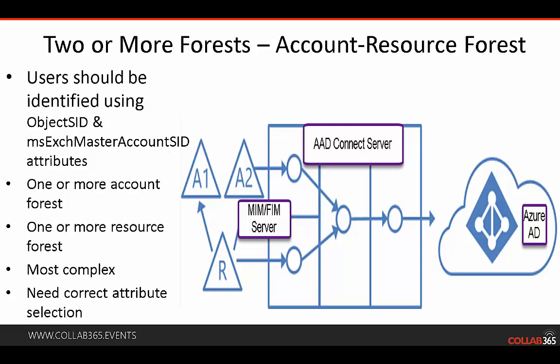So the user should be identified using the object SID and the msExchMasterAccountSID attribute. One or more account forests would be there, and one or more resource forests can be there. It is the most complex, very complex, and needs correct attribute selection. When you replicate using AD Connect, selecting the right attributes is the most important. If you don't select them correctly, there is a chance that you might synchronize some wrong accounts, right? All right, let's move on to the next slide.